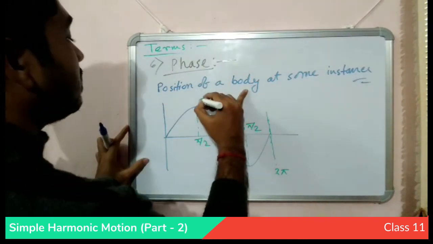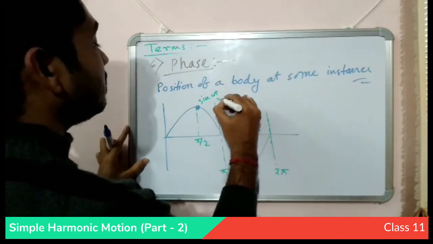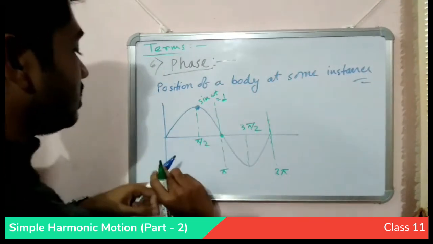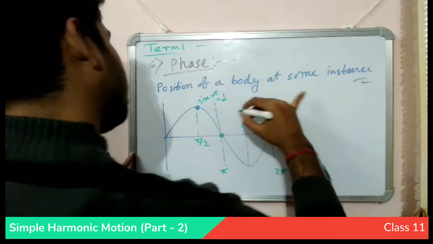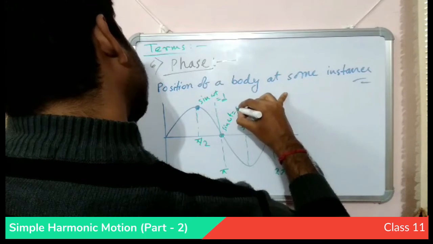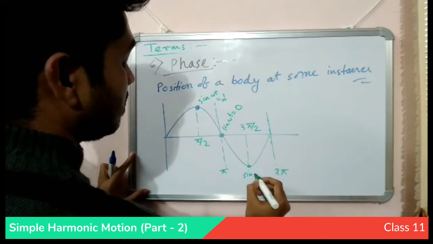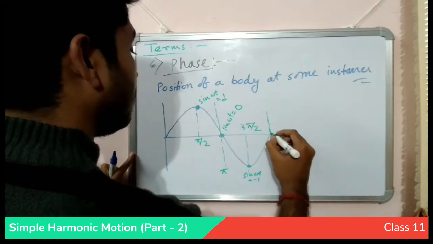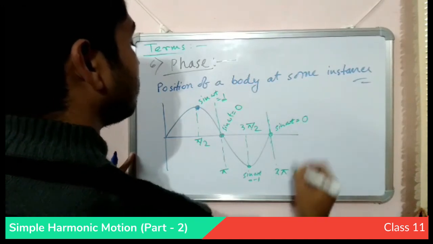So at this position sin omega t is 1. At this position sin omega t is equal to 0. Here sin omega t is equal to minus 1, and here again sin omega t is equal to 0.